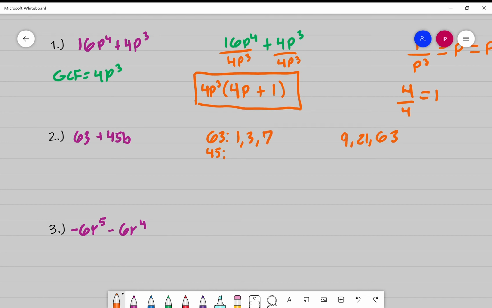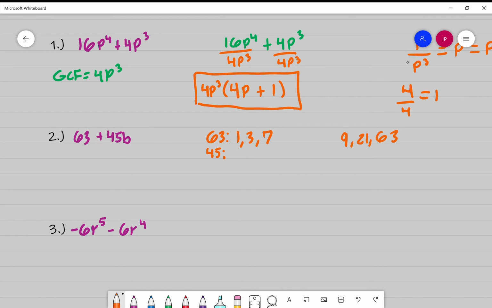And you should know that because of your times tables, because 9 times 7 is 63. Pretty sure 8 can't, but it's worth a try. 63 divided by 8. Yeah, we get a decimal, so it doesn't go. So we know 9 can, and to prevent ourselves from repeating, we can stop there.